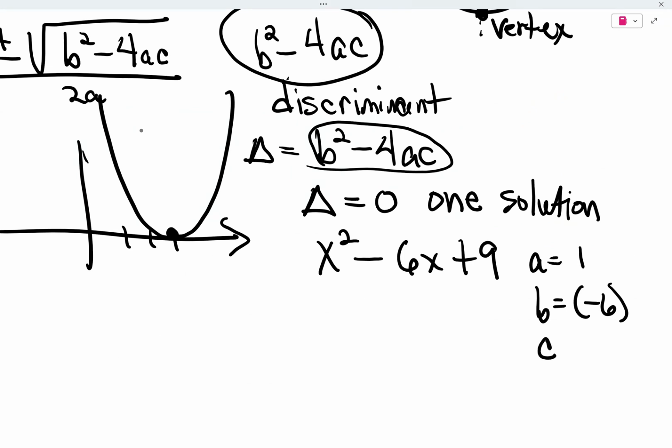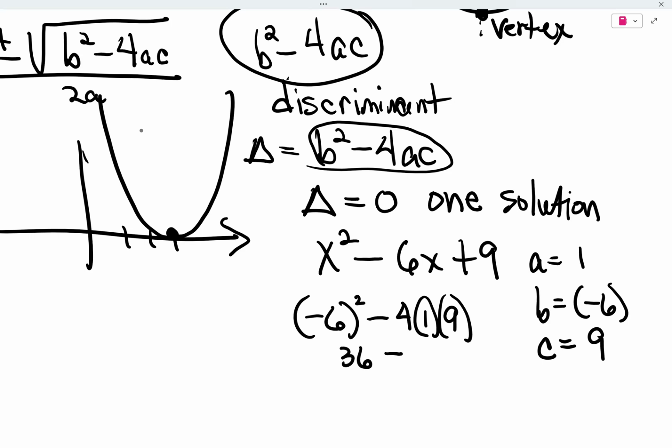Your c term, we know that's equal to 9. So if I'm using b squared minus 4ac, then negative 6 squared minus 4 times 1 times 9. This discriminant gives me 36 minus 36. What's the solution? 0. And that's how you know you only have one solution. So this is condition number 1 for the discriminant.